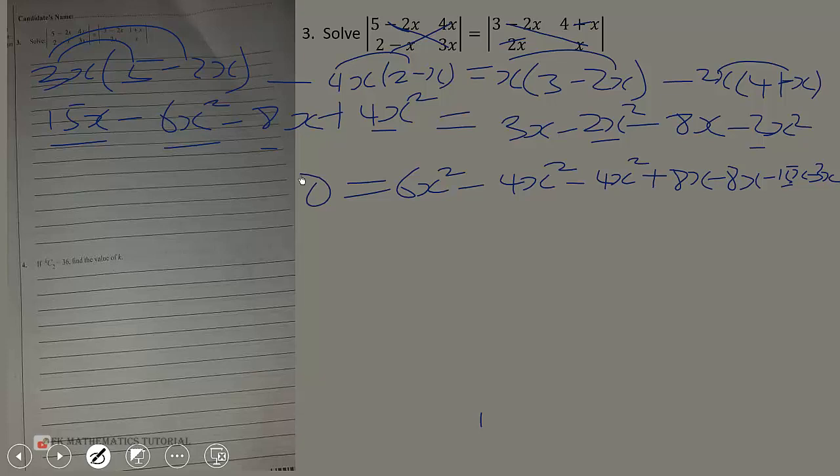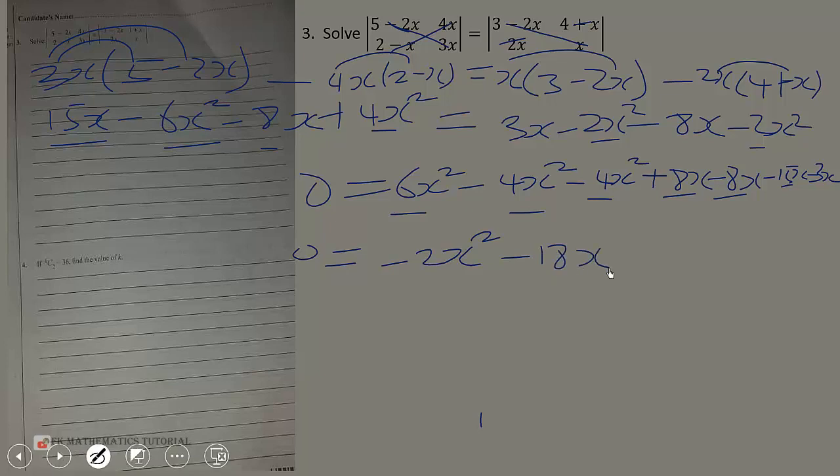So let's simplify. This needs to give us minus 8x squared. Then this needs to give us 6x squared. So 6x squared minus 8x squared will give us negative 2x squared. Then this and this will give us 0. So minus 18x.